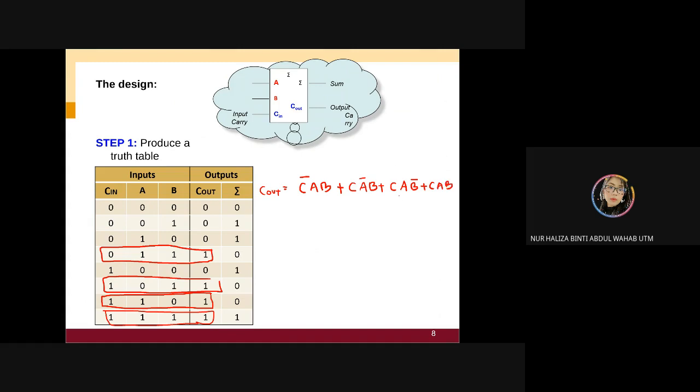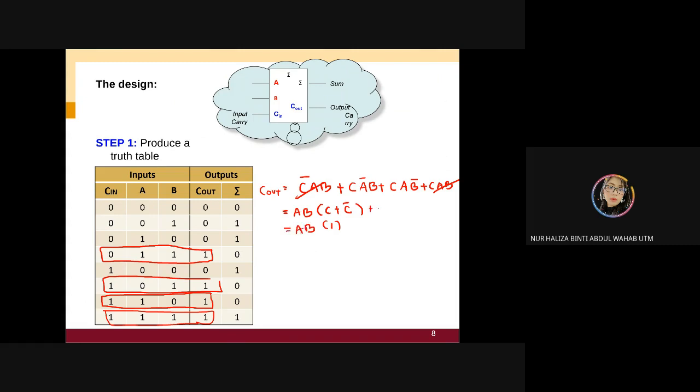And what happened? I'm going to get ABC, this one, AB, C plus C bar. I take this and this. I'm going to have C plus C bar. I'm going to get 1.